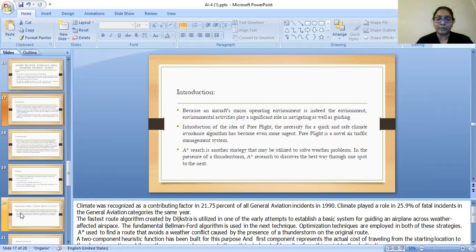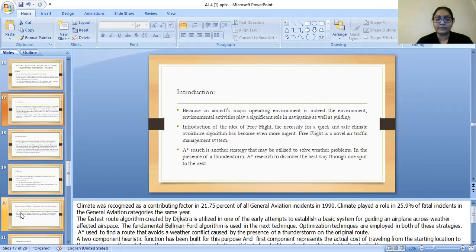Climate was recognized as a contributing factor in 21.75% of all general aviation incidents in the 1990s. In the same year, climate played a role in 25.9% of fatal incidents in general aviation.